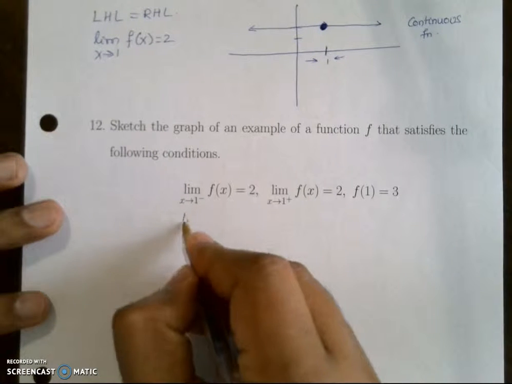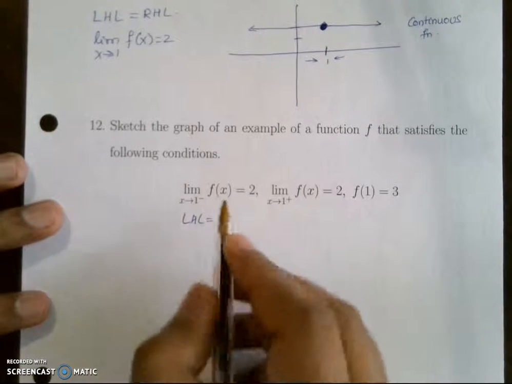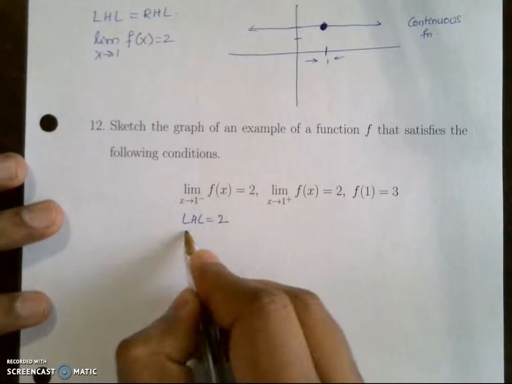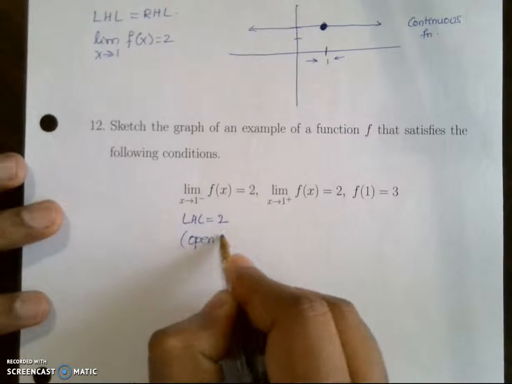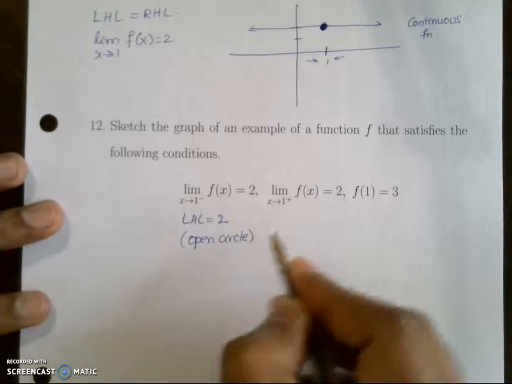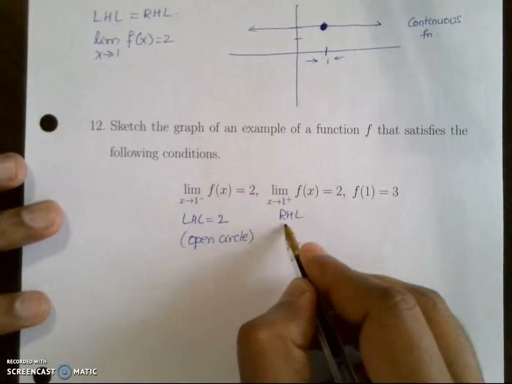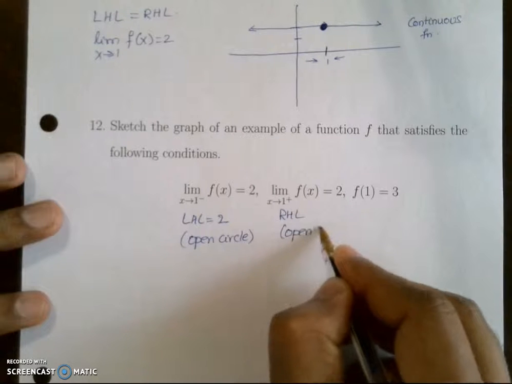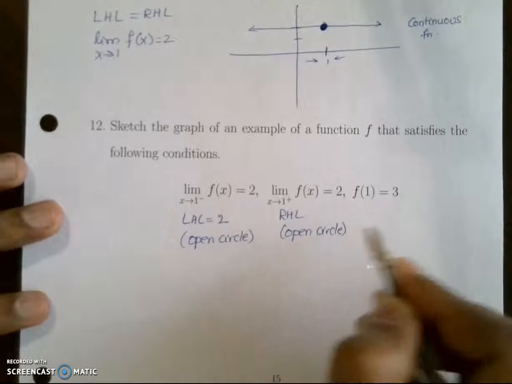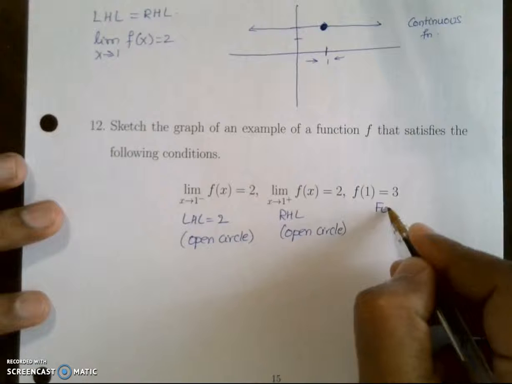Here the left hand limit is 2, and we are going to represent the left hand limit with an open circle here. And the right hand limit of the function is also 2 at 1, so that's also represented by an open circle here. But the function value is 3.